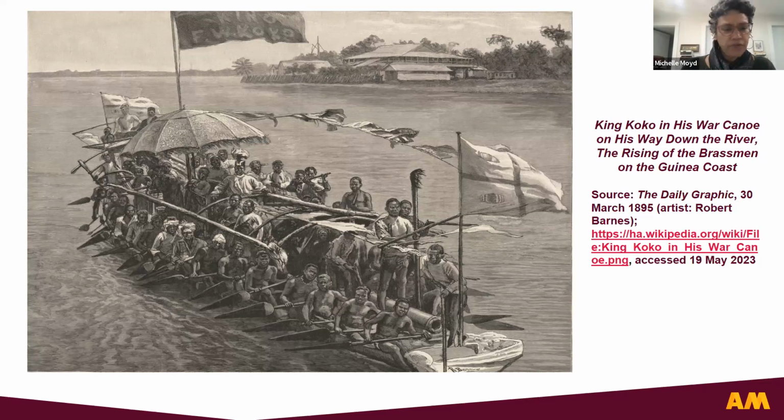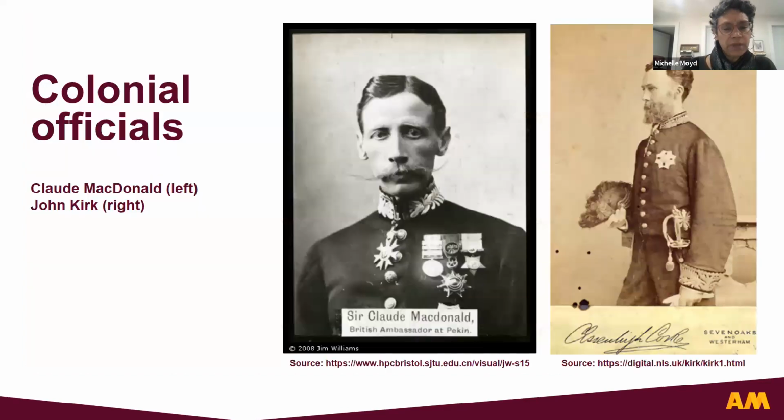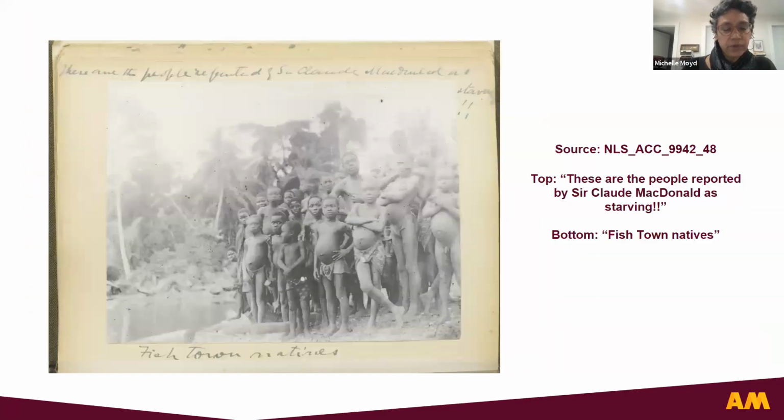A few months later, I'm going to skip this for now because you don't really need to know about the colonial officials that much. They were more there for illustration.